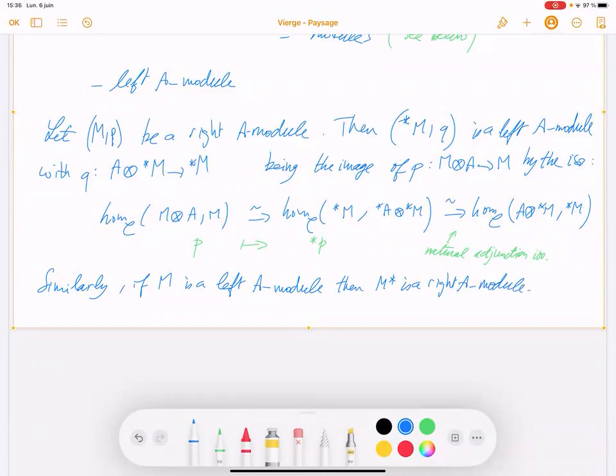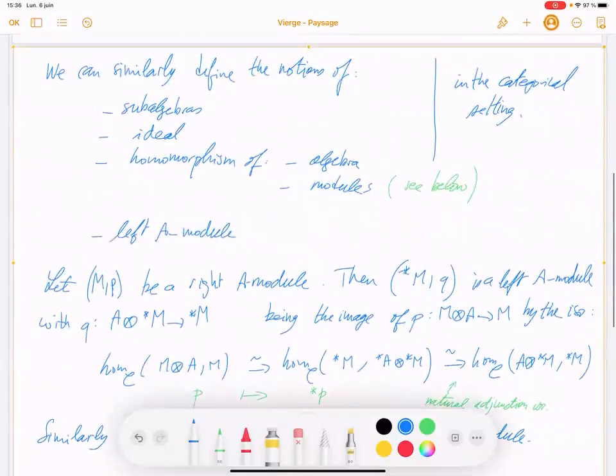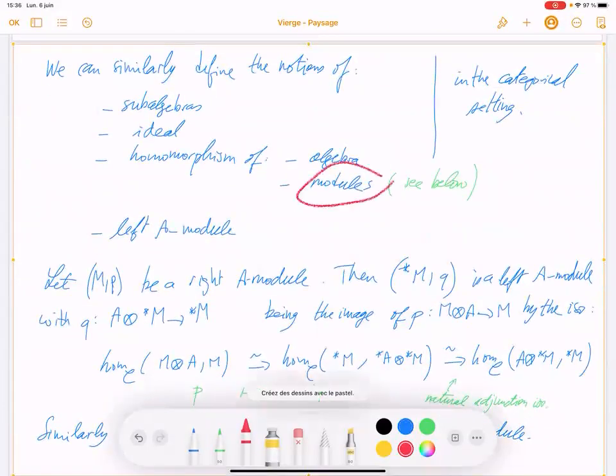Okay. So now, let me define homomorphism of A module.